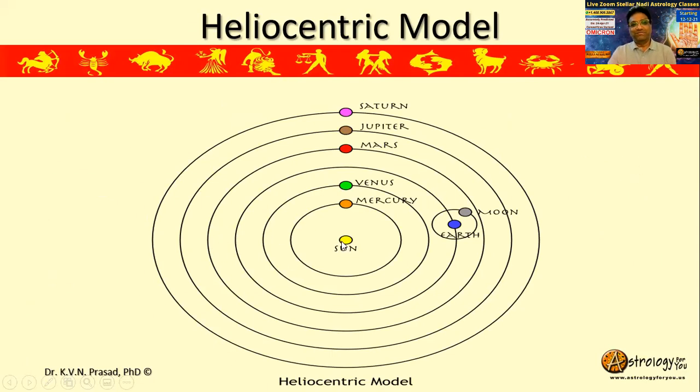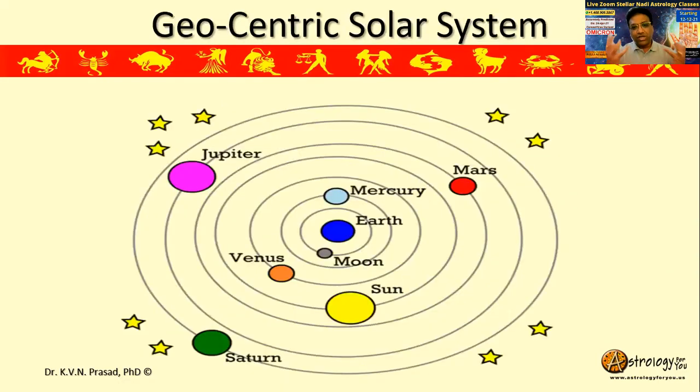So we have the sun, and all these planets are revolving around the sun. This is called the heliocentric model. But in astrology, what we are doing is looking at the geocentric solar system. That means for us, Earth is the center point, and we look at all other planets from Earth's point of view. That is why we say the sun is moving. In reality, the sun is not moving.